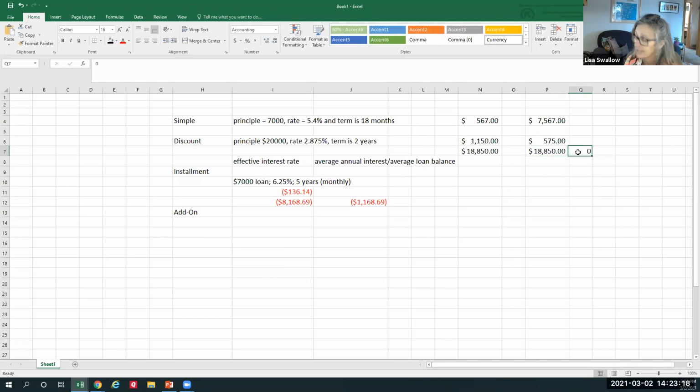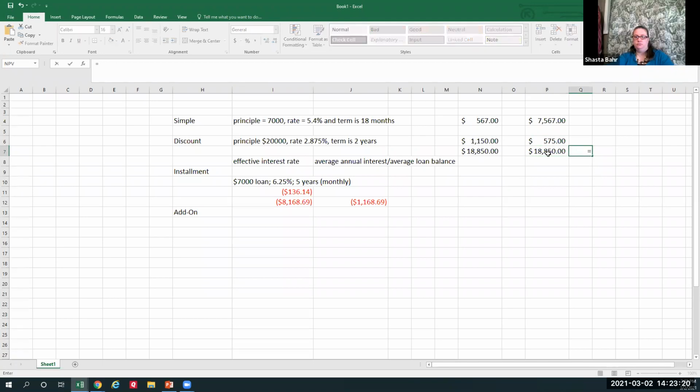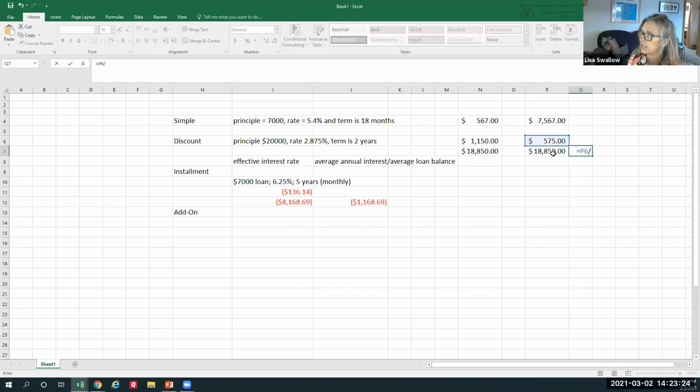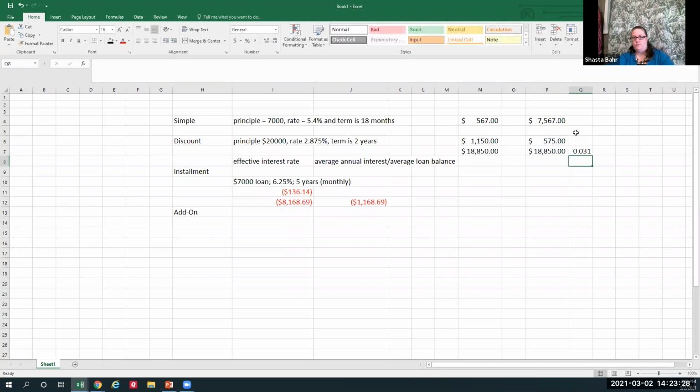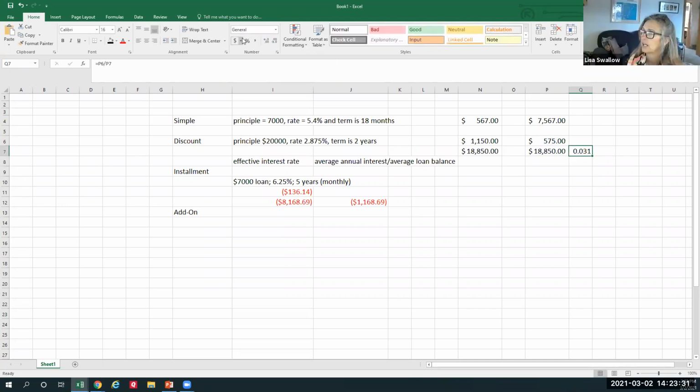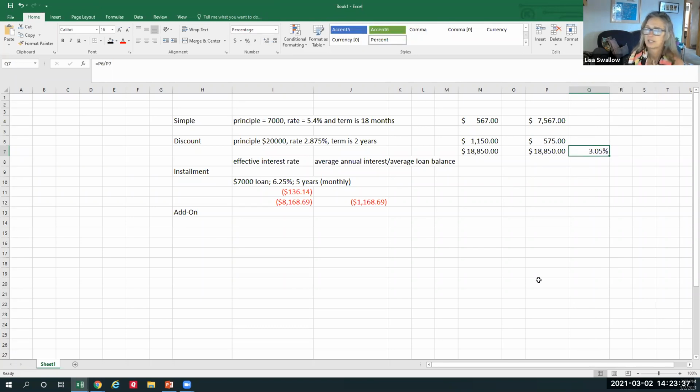Well, let's see. 575, 18,850. And just as predicted, it's higher than the APR, because I'm paying interest, but I got less principal.